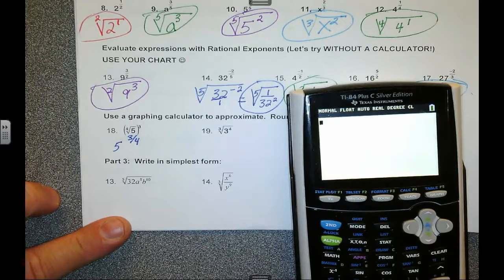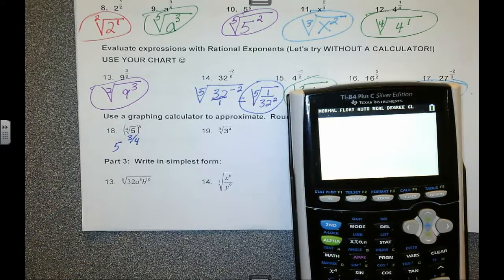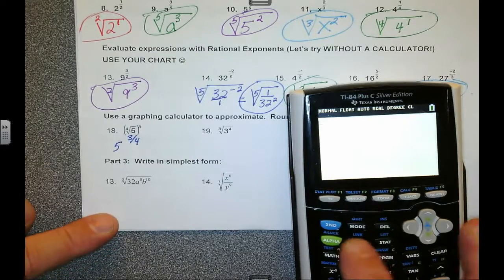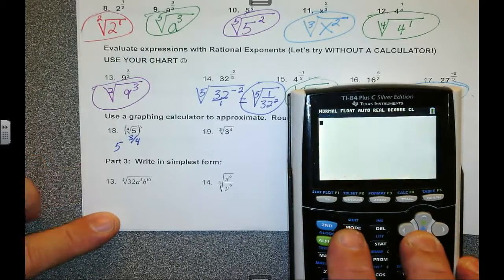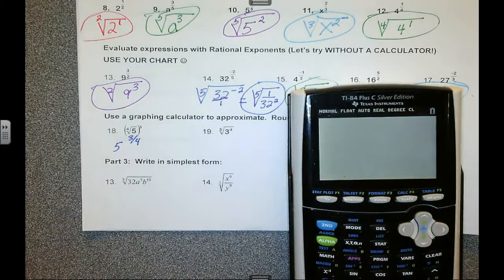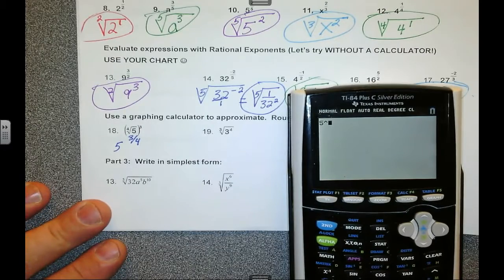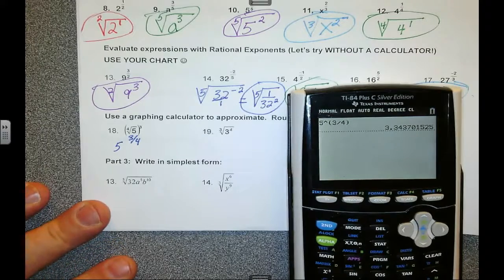Yes, it's an approximation. 5 raised to, I always put fractions in parentheses, 3 divided by 4. 3.34.